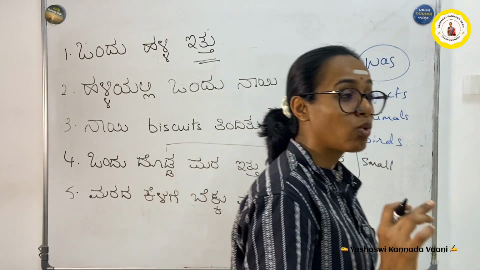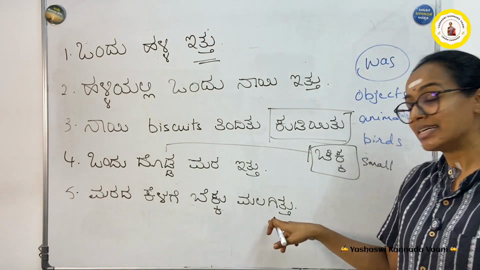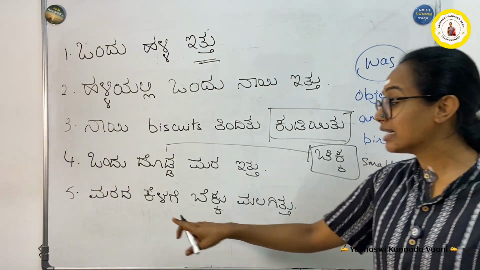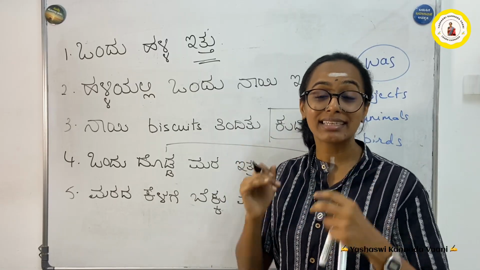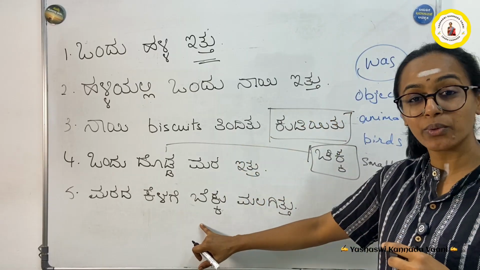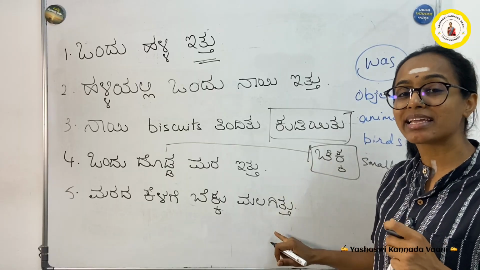A cat was sleeping under the tree. Under is ಕೆಳಗೆ, ಮರದ ಕೆಳಗೆ, under the tree. Cat, ಬೆಕ್ಕು, was sleeping, ಮಲಗಿತ್ತು.